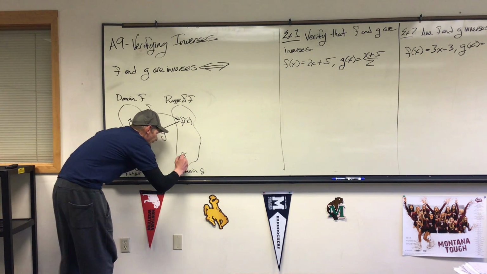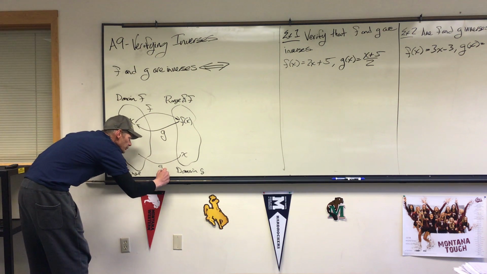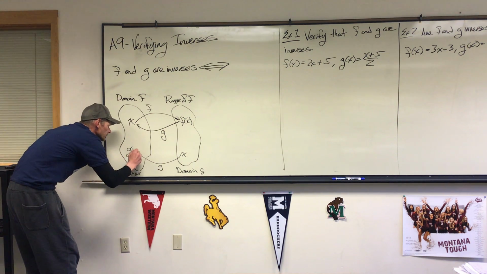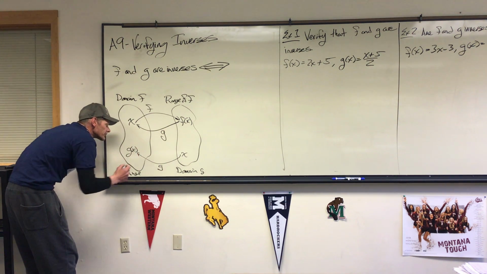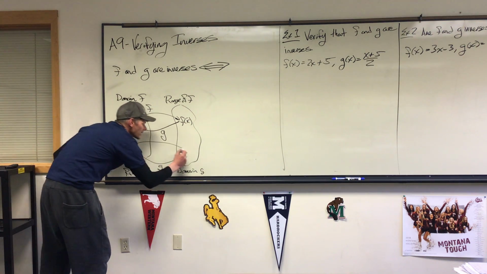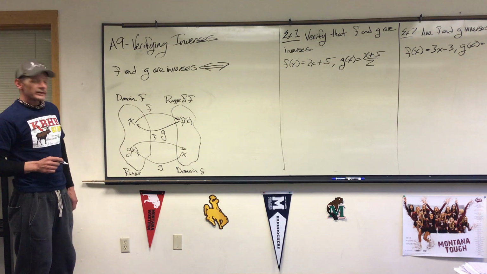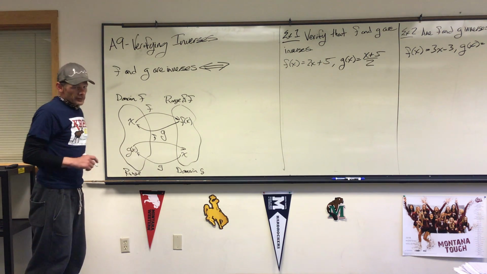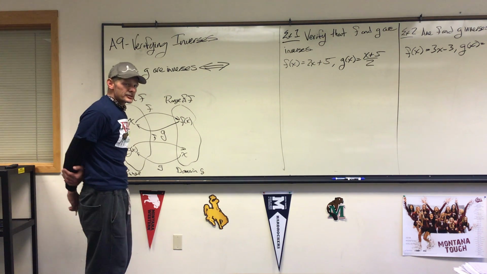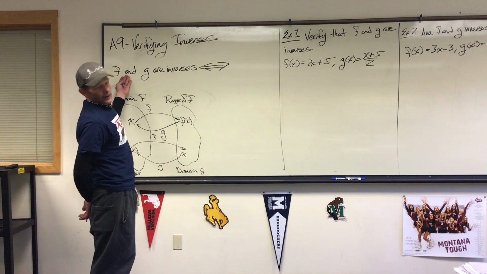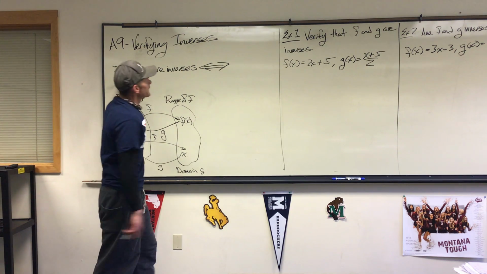That is, we act on x with g, we get something that looks like a g of x, it's a y value, it's an output, and then we act on it with f, and we get right back where we started. So, remember last week we did composition of functions, and this is how we verify that f and g are indeed inverses.